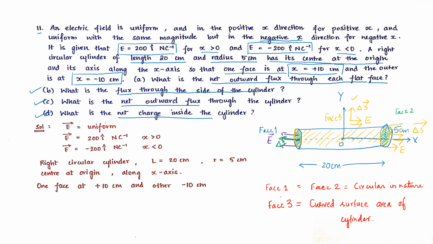We will summarize what the question has provided us. They have told us our electric field everywhere in the cylinder, at each and every point, is uniform.